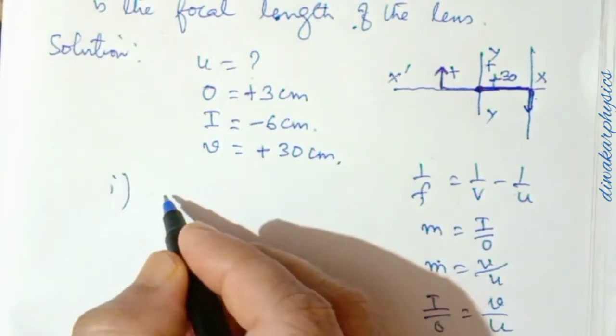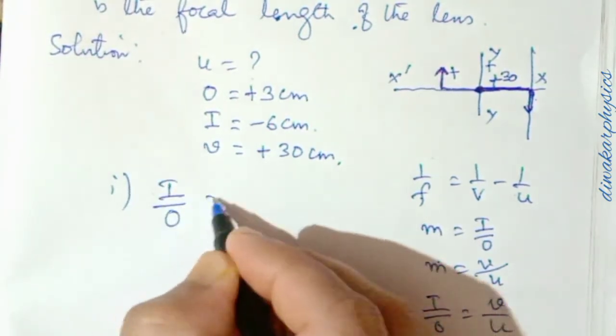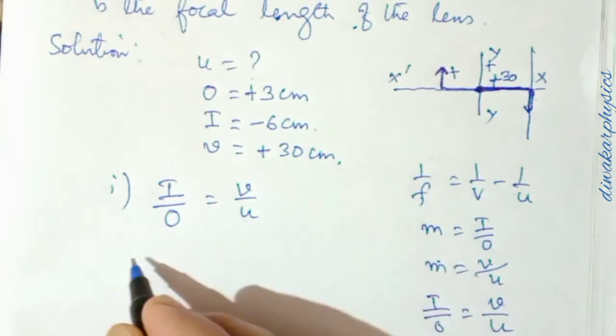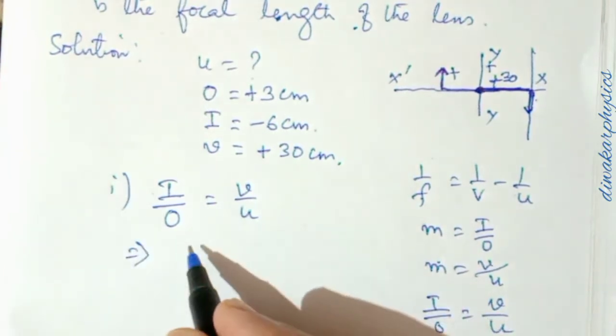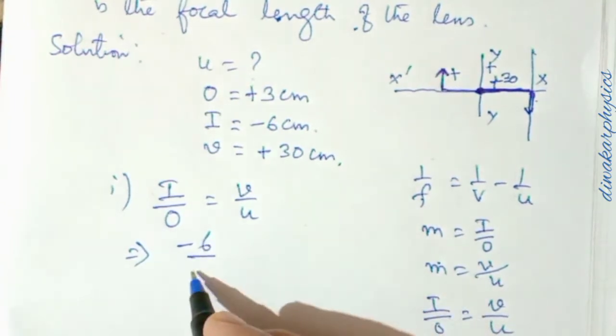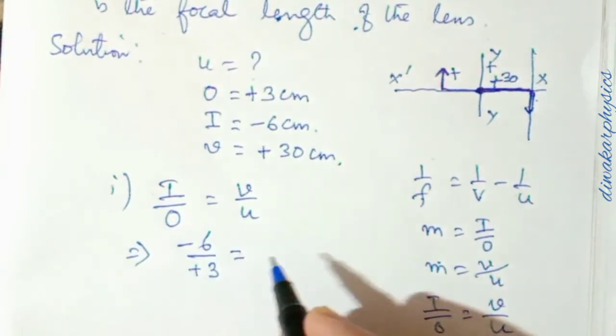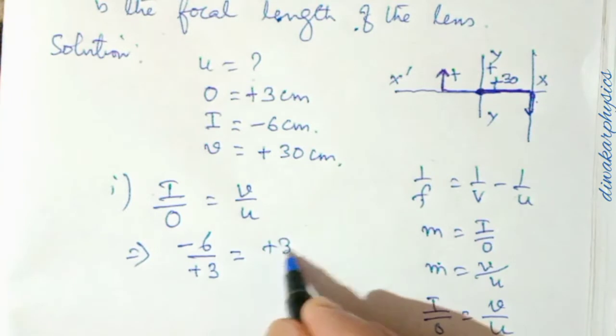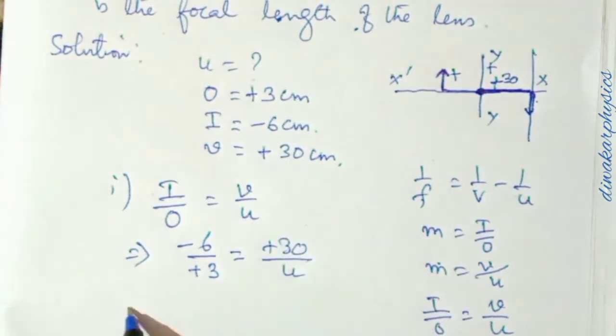Then first part, I by o is equal to v by u. So I is minus 6. Please use signs also. Sign convention is very important. So minus 2 is equal to 30 by u.